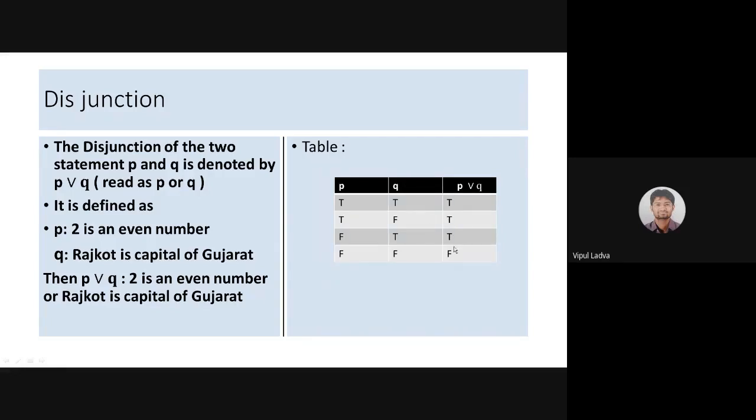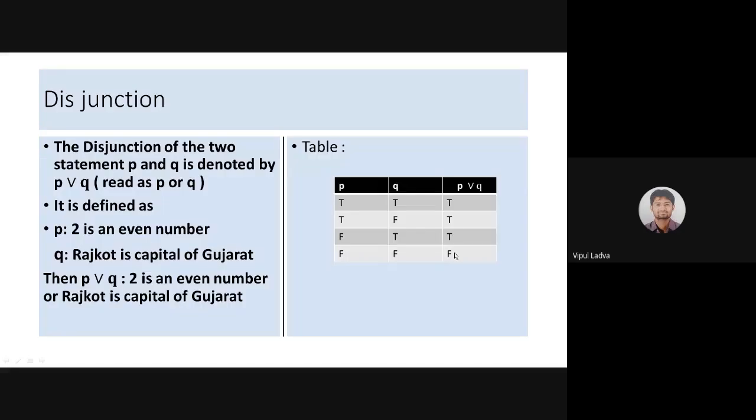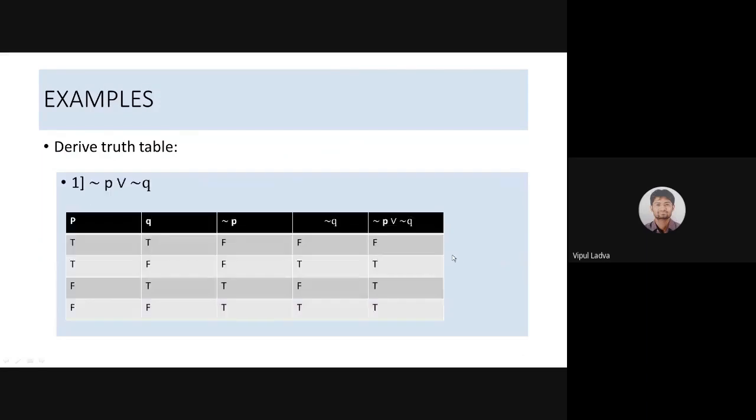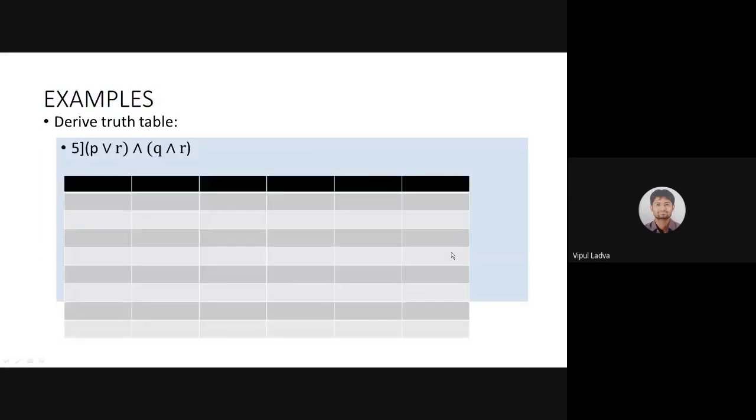In only a single case, if both the statements are false, the truth value of that disjunction statement will be false, is it? After that, we went through some examples related to that.